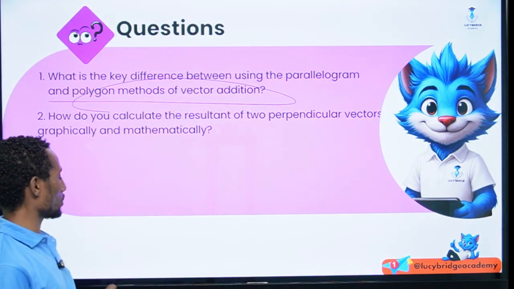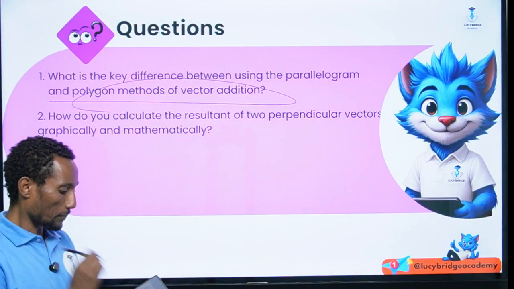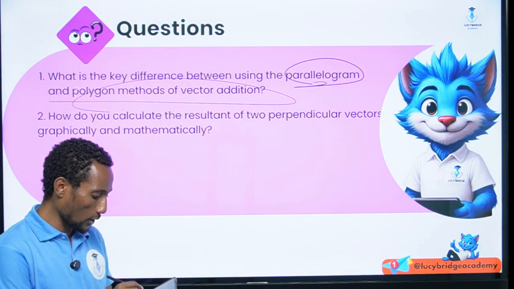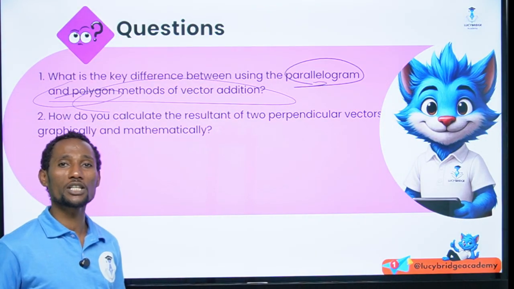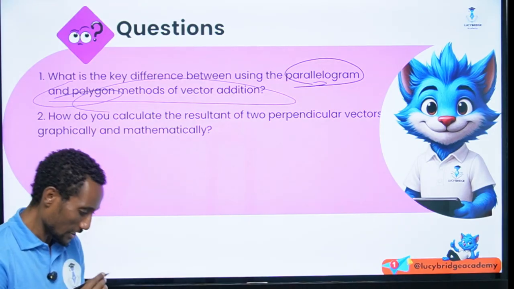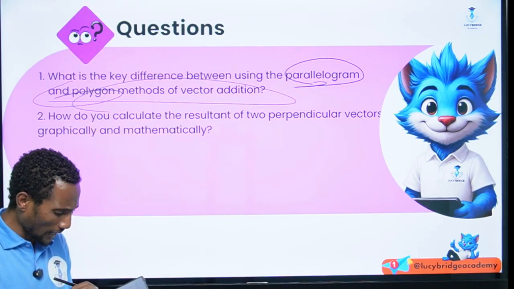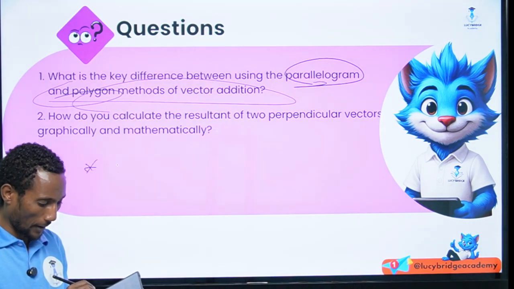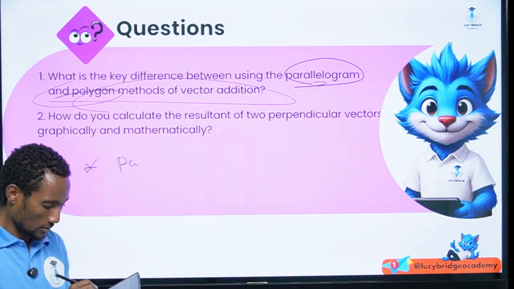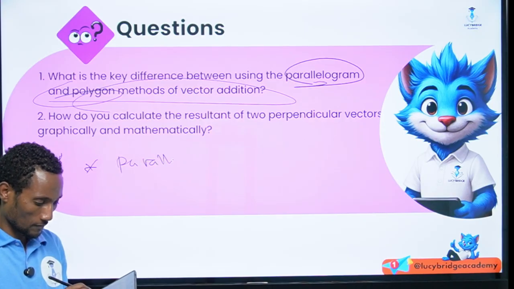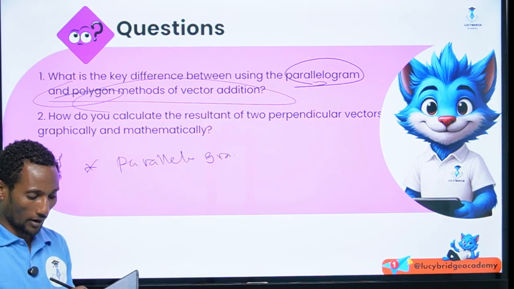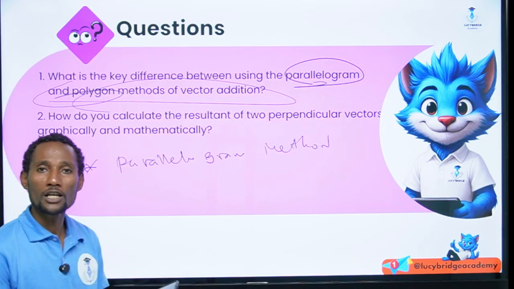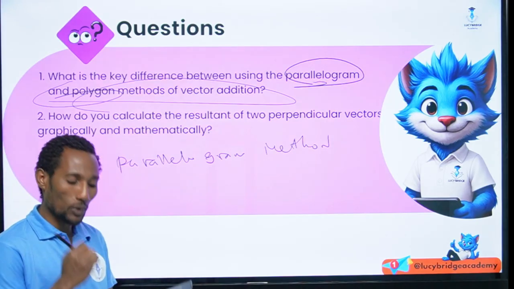The key difference between the parallelogram and the polygon method for vector addition is here. In the parallelogram method, the vectors start at the same point.